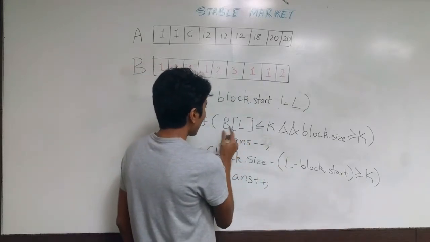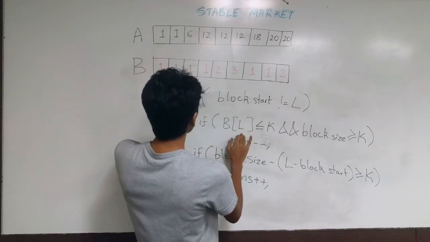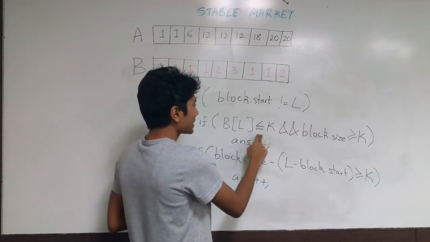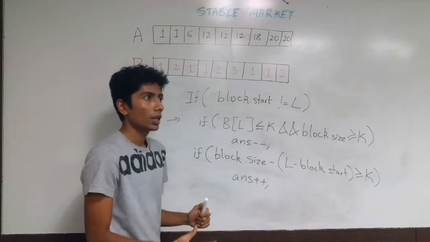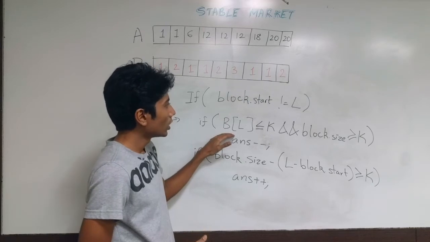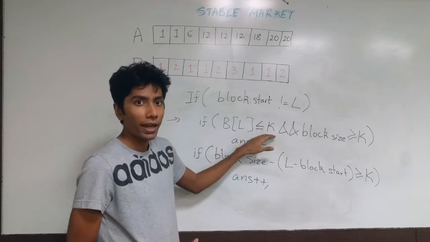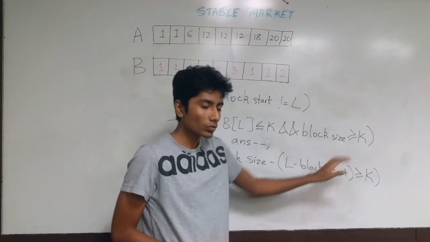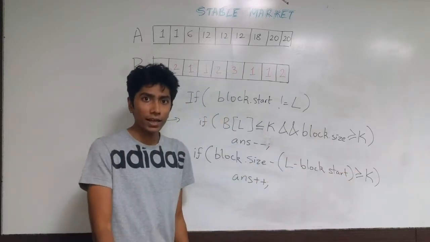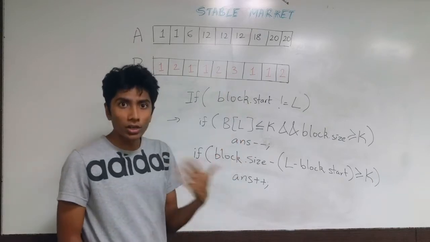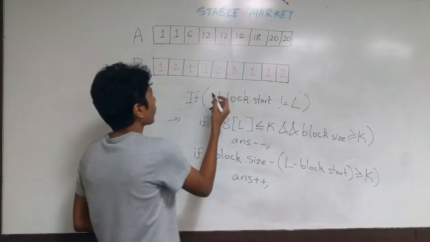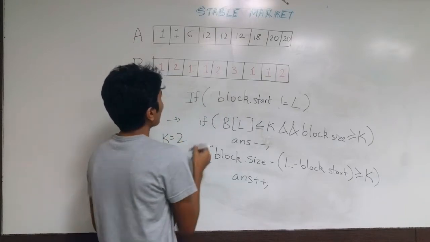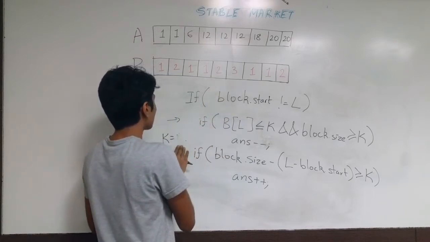So if B of L, which means our range start B, is less than or equal to K, that means our block could not reach up to K at this point, but the block size is greater than or equal to K. That means our block will reach K, but at this given point it couldn't reach K. So for example, let's say K is equal to 2, or K is equal to 3 rather, yeah.